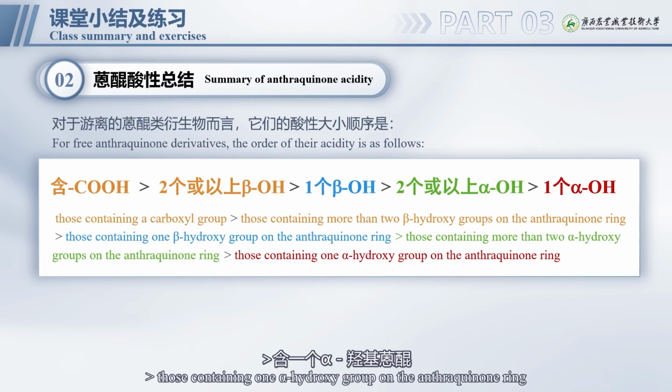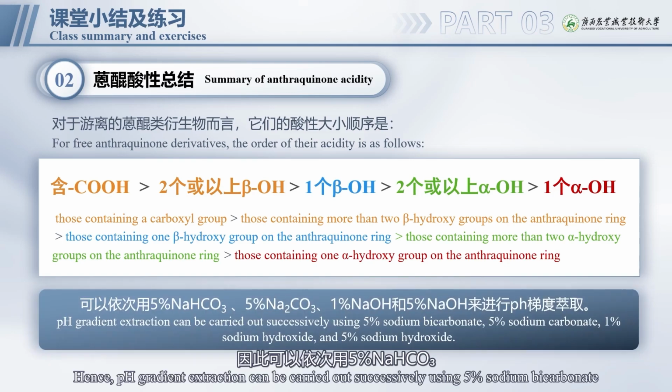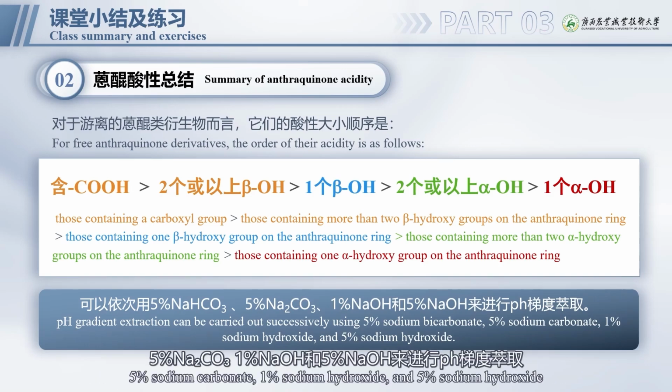Hence, pH gradient extraction can be carried out successively using 5% sodium bicarbonate, 5% sodium carbonate, 1% sodium hydroxide, and 5% sodium hydroxide.